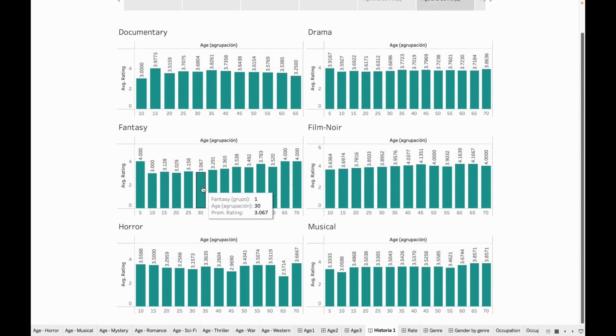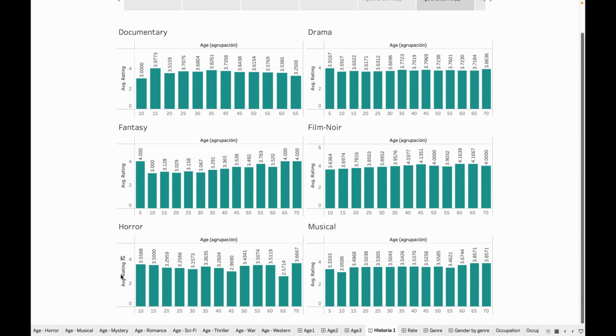So this is kind of interesting, because this should be the opposite, as the target for fantasy movies is young people, but in this data set, young people didn't like these kinds of movies that much.